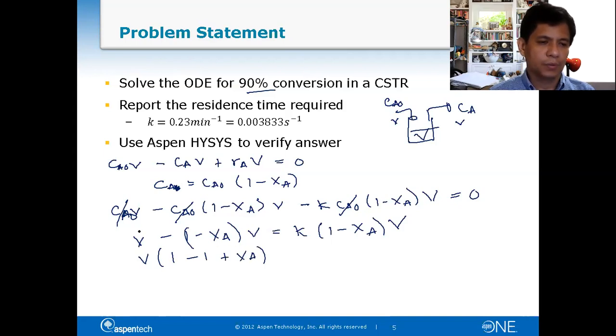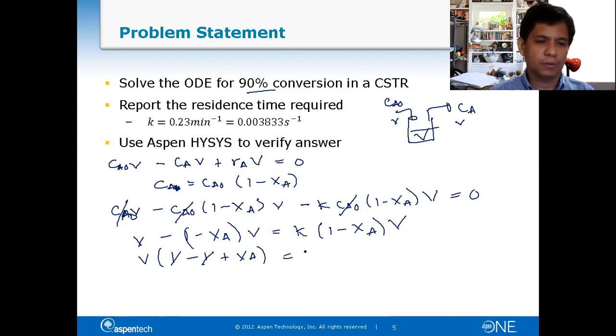Diba? 1 minus 1 plus XA, pag dinistribute nyo yung negative. Okay, so as you can see, 1 minus 1 will cancel out. So may v na lang tayo doon, tapos may XA dito. Sa kabilang side naman ay k(1 minus XA)V.